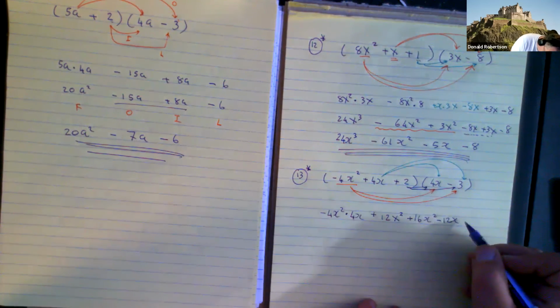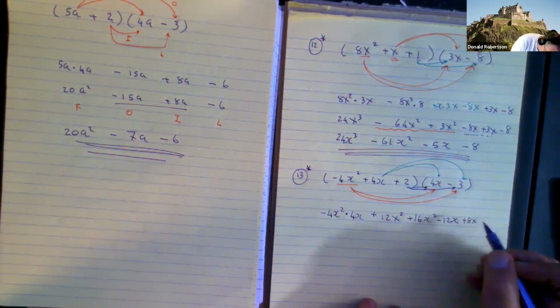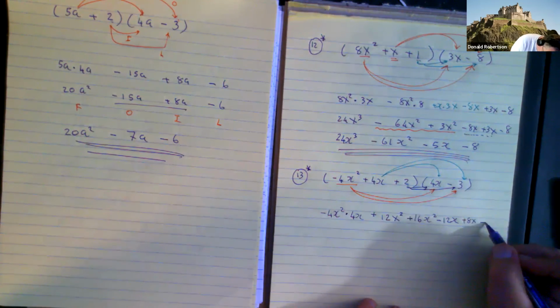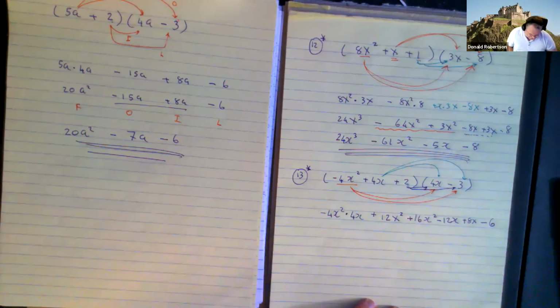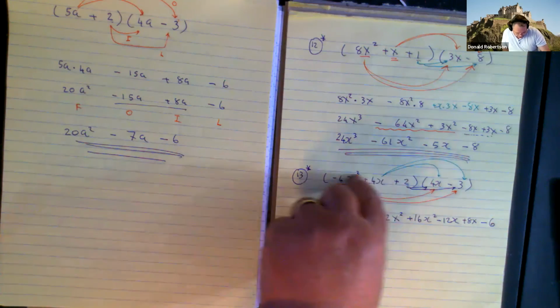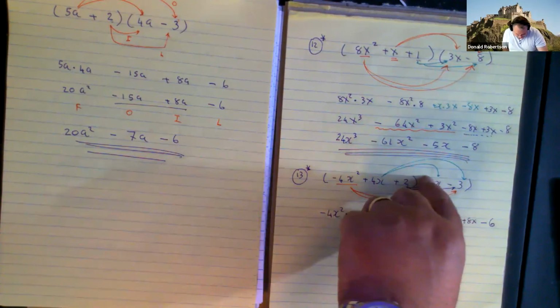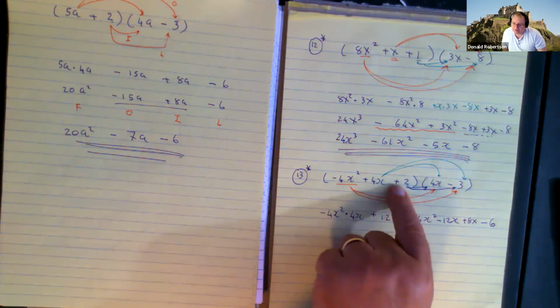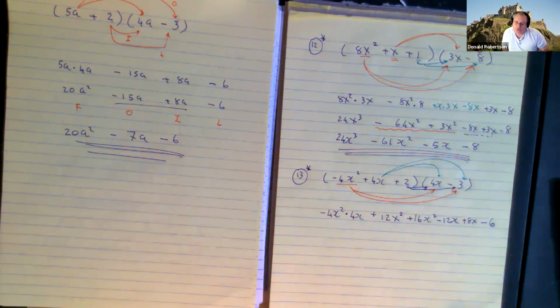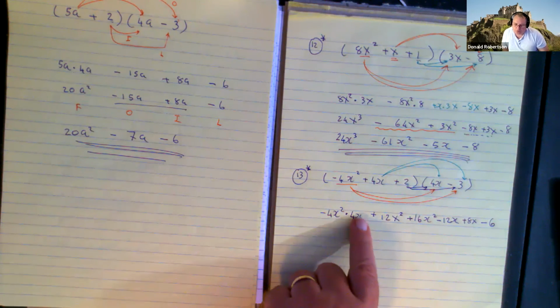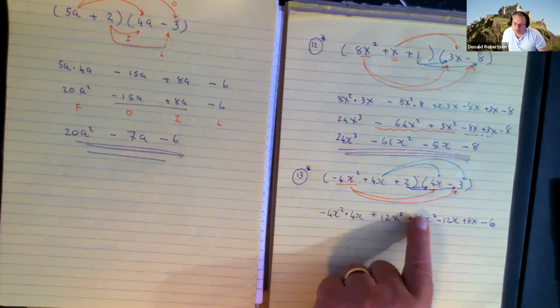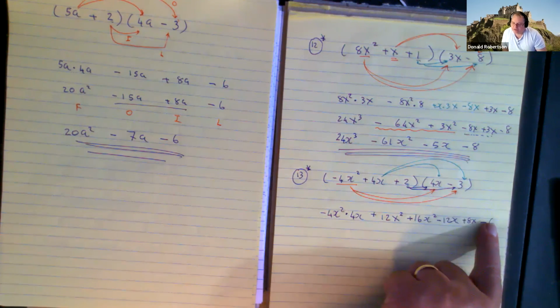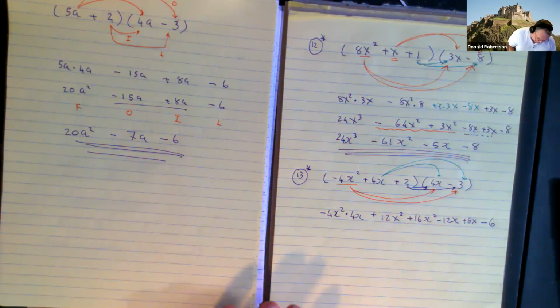So 2 times 4 gets you positive 8x, and 2 times negative 3 gets you negative 6. Now, if you have 3 things in the first bracket and 2 things in the second, there will be 6 pieces to your answer, 6 terms, right? 3 things times two things always generates 6. So 1, 2, 3, 4, 5, 6. That way I can check I haven't missed something.